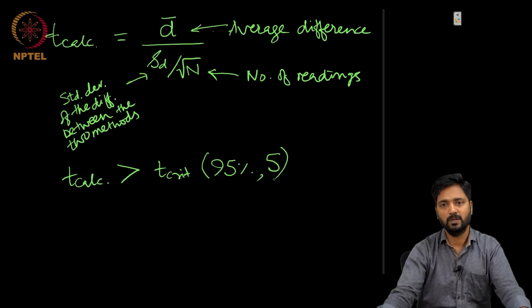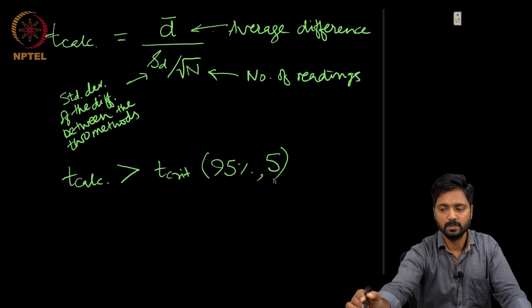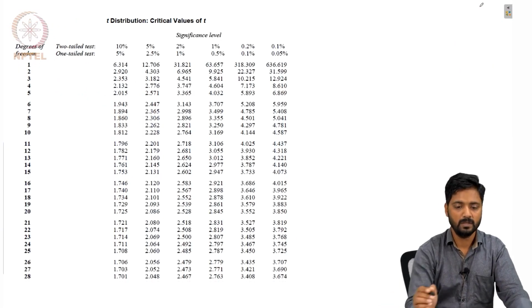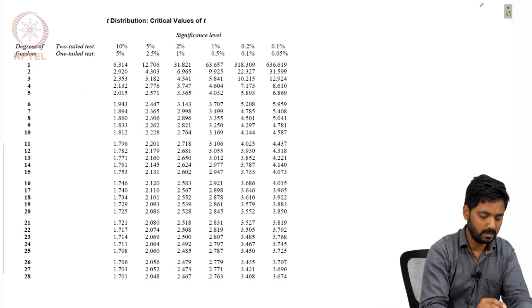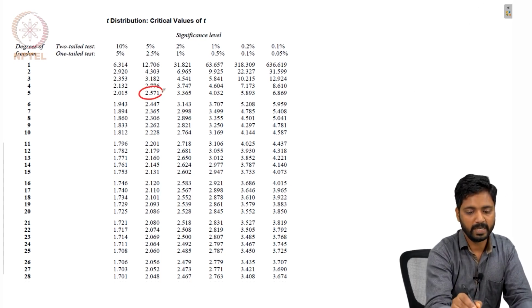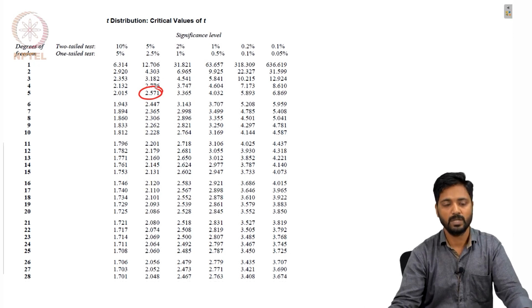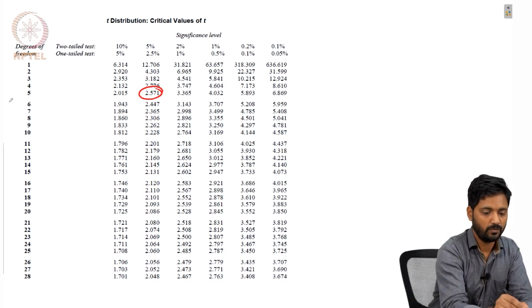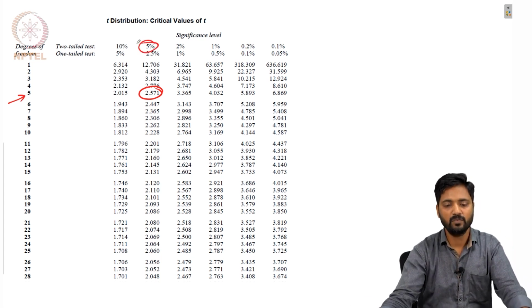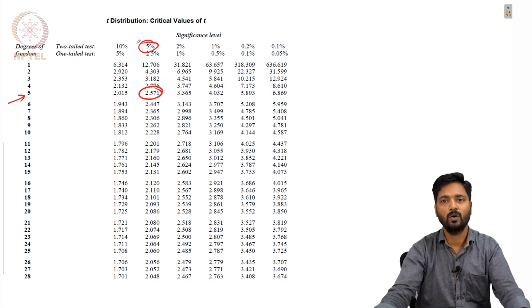So if I look back at the t table, which is given here, this number turns out to be 2.571 for 5 degrees of freedom and 95% confidence level or 5% significance level.